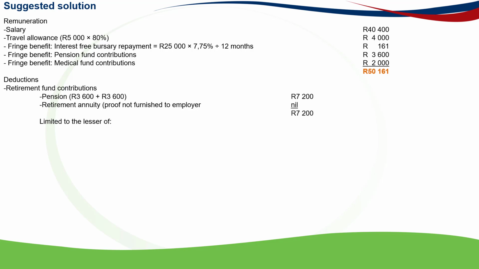Remember, if you think back to your section 11(n) deduction, your retirement contributions, if you are doing your normal taxable income calculation, there's three limits, right? So it's the 350,000 or 27.5% of the greater of remuneration or taxable income, and then the last limit is your taxable income, right?